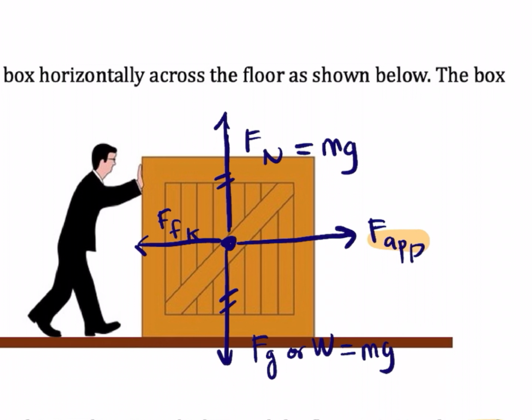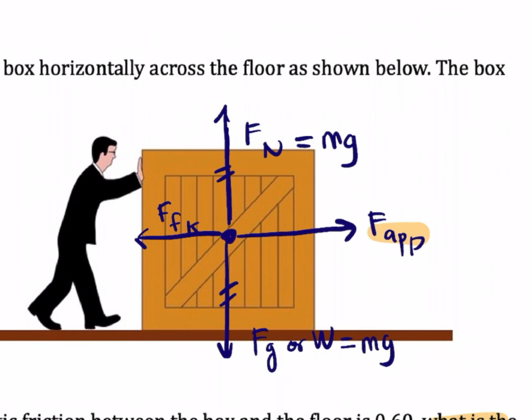That is equal to ma. Now we expand this further because we don't have our Fn. So we will have F applied minus mu k times the normal force. Now, this Fn, this perpendicular force exerted by the ground on the object, is in fact equal to the force of gravity, and we have established this earlier in our free body diagram.